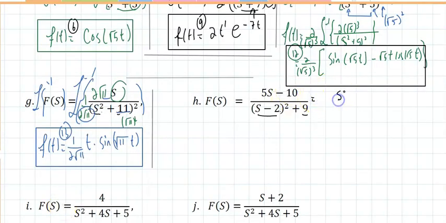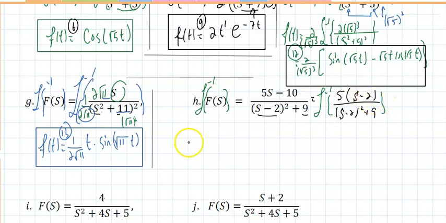Can't I factor a 5 out? I'll have S minus 2 over S minus 2 squared plus 9. Well, what if that doesn't match? That's coming up, don't worry. I'm leaving nothing out. I am going to take into account every different combination you can think of. So f of t is going to equal, and what is that? The 5 I ignore. I'm looking at s minus 2 over s minus 2 squared plus 3 squared, right?